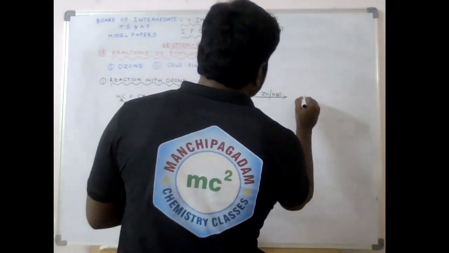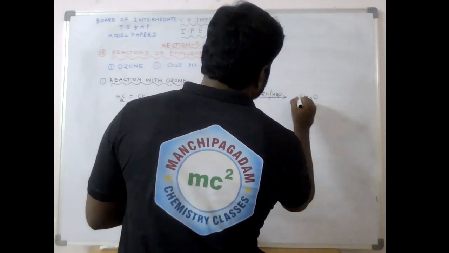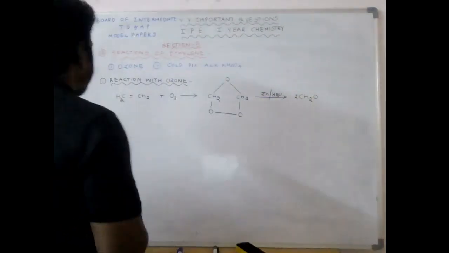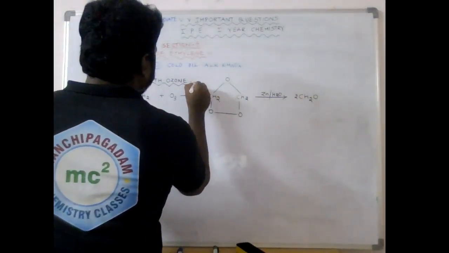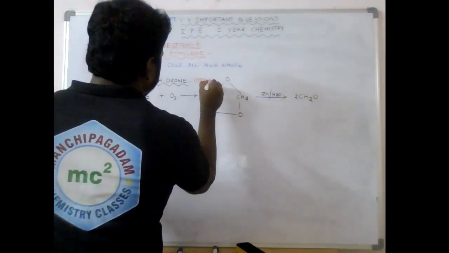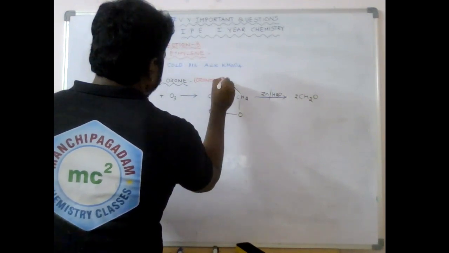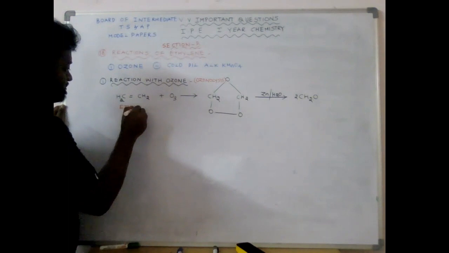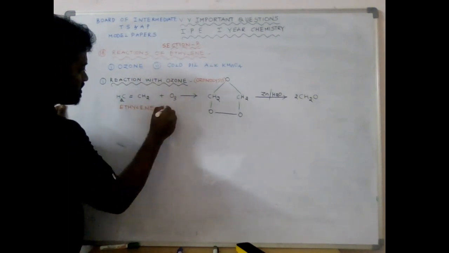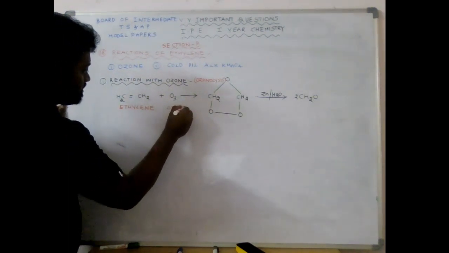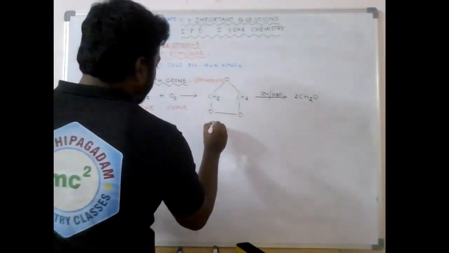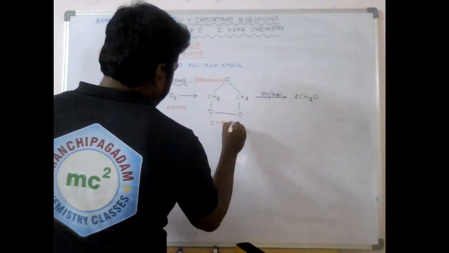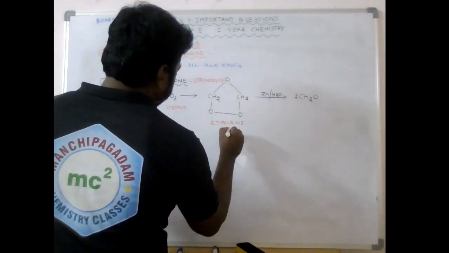Then it will give CH2O. Okay, try to understand this. Reaction with ozone is called ozonolysis. Don't get confused. This is ethylene, this is ozone, and this is what I told you, ethylene ozonoid.